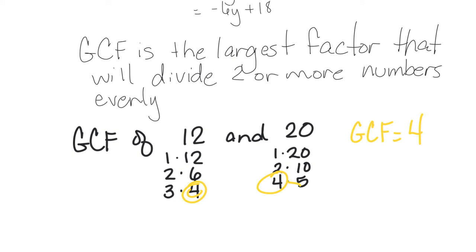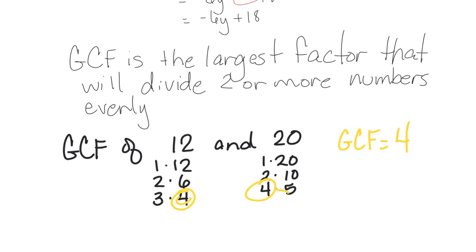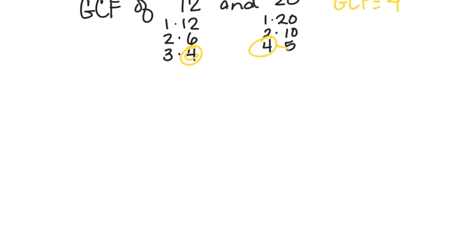You've done GCF for several years now. So you want to look at the largest factor. A factor is something that's multiplied together to give you a larger product. So now let's look at how I'm going to do it with distributive property.